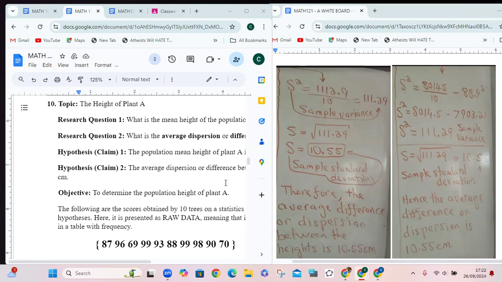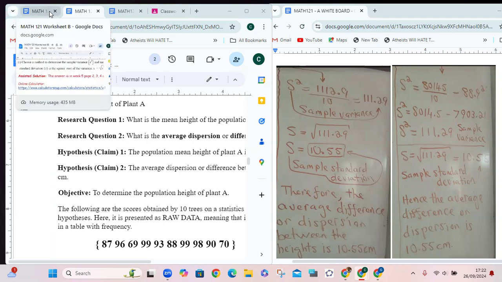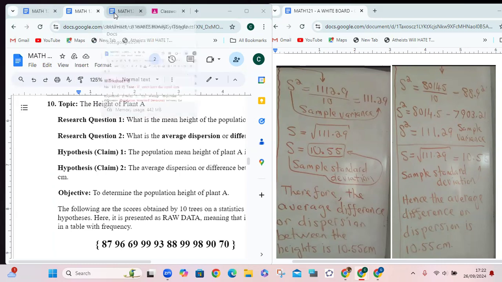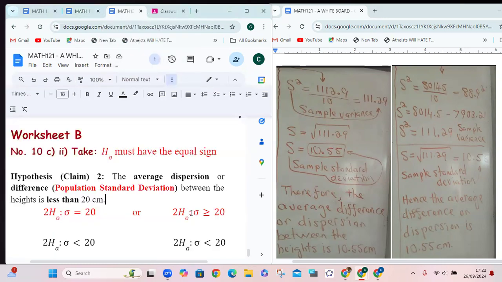So the null is saying that the standard deviation is greater than or equal to 20. The data is saying that the standard deviation is 10.55. Clearly, there's a disagreement. What the null is saying is not what the data is saying, and once this is the case, we have to reject the null.